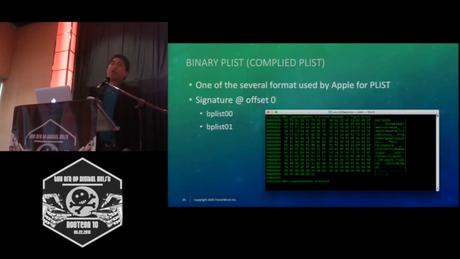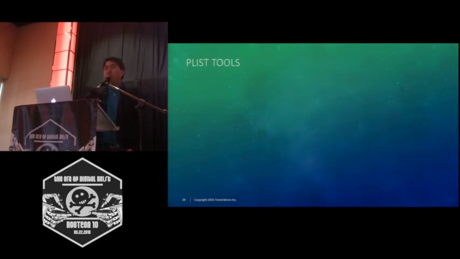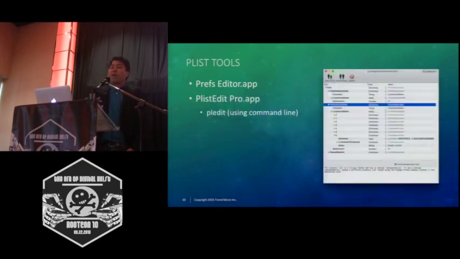There's a command line for you to convert a plist from binary to XML format or XML to binary plist, and of course there are a lot of tools out there, but I would recommend these three: Pref Editor, PlistEdit Pro, which also comes with a command line, which is good.